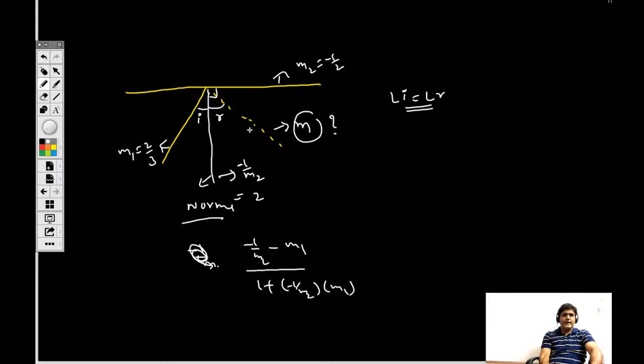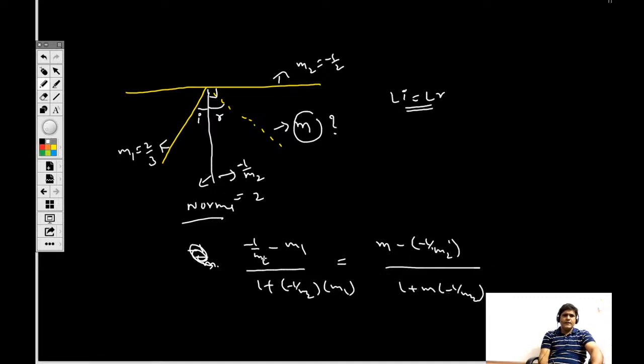And the angle between these two is the same, this angle is equal to this angle. Therefore here we have: m minus 1 by m2 over 1 plus m into minus 1 by m2.